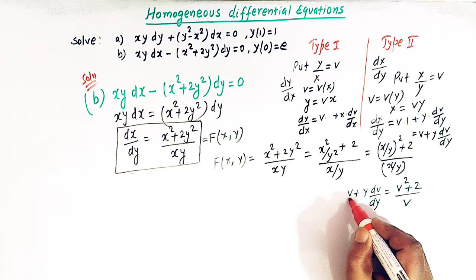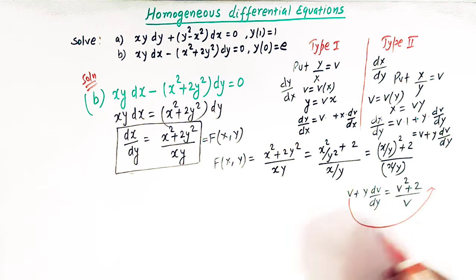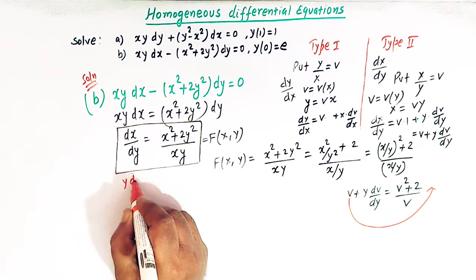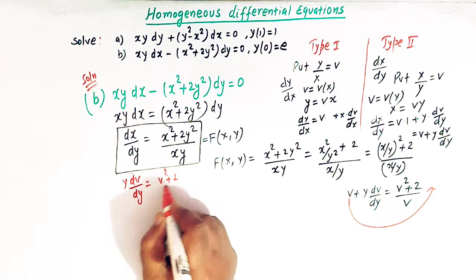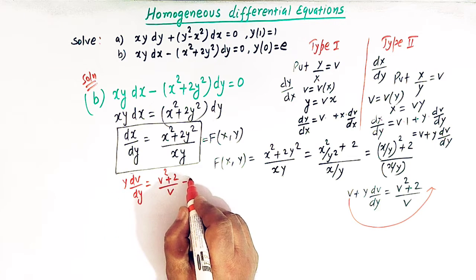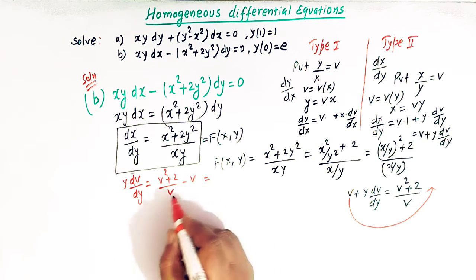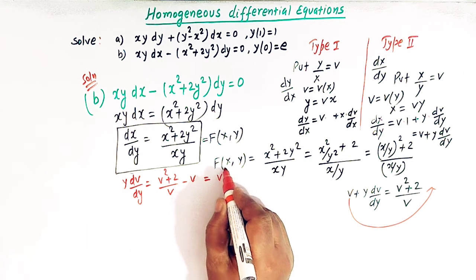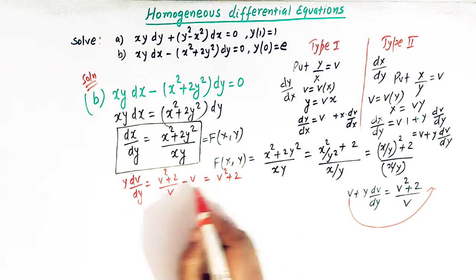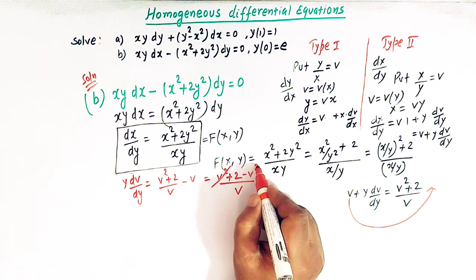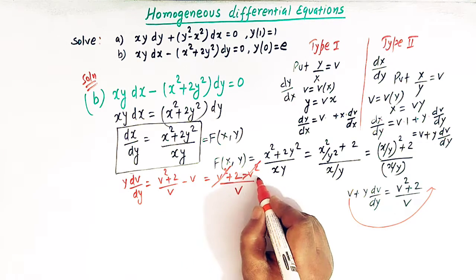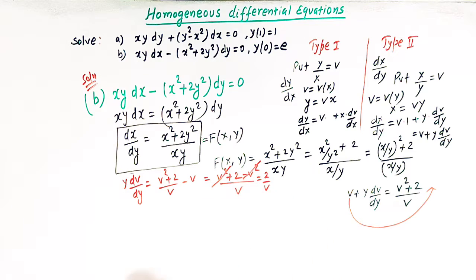So now we have to solve this differential equation, which is now in terms of v and y. Let us take this v to this side. We have y dv over dy is equal to v square plus 2 over v minus v, and now v times v is v square, so we have v square plus 2 minus v square over v, and v square and minus v square get cancelled, so we are left with 2 over v.